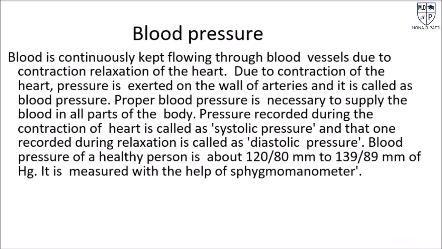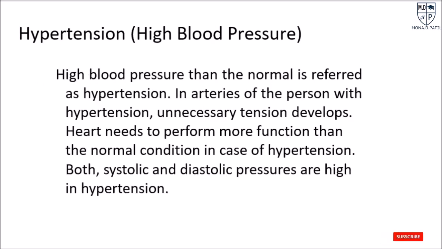Blood pressure of a healthy person is about 120 over 80 mm of Hg, up to 139/89 mm of Hg. It is measured with the help of a sphygmomanometer.